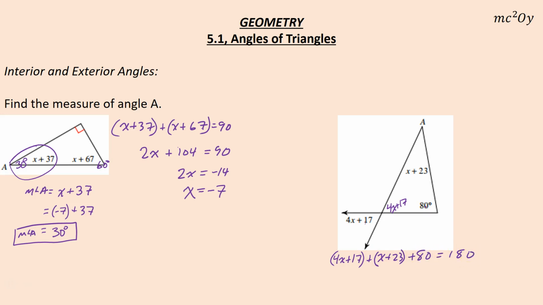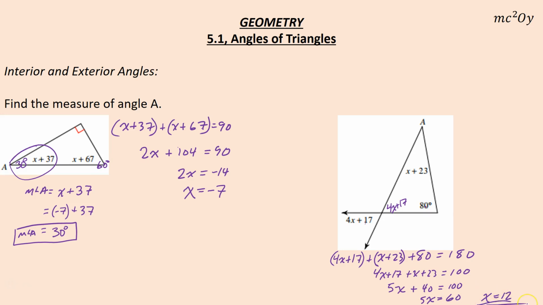Now some of you may just have started out by going, okay, actually I know that 4x plus 17 plus x plus 23 is going to equal 100 because I'm going to take 80 away from 180. And some of you would even combine these first. You'd say, oh, that's actually 5x. And 17 plus 23 is actually 40. And that is equal to 100. Which means 5x equals 60. So 1x is 12. So x is 12.